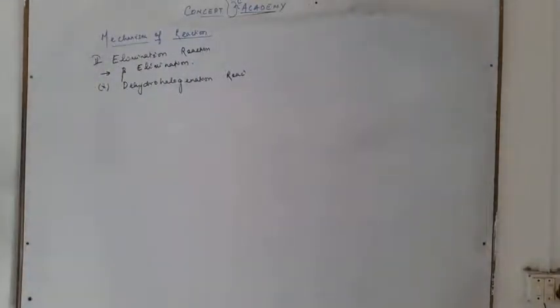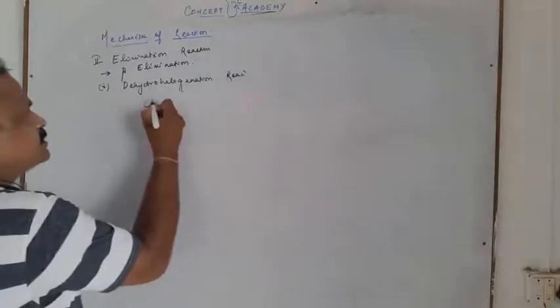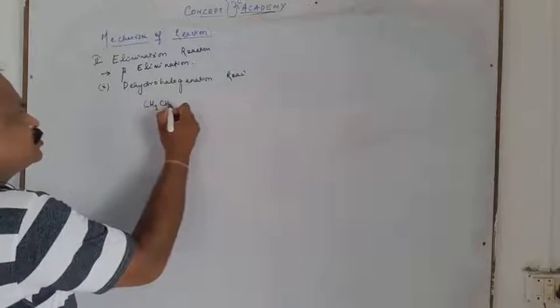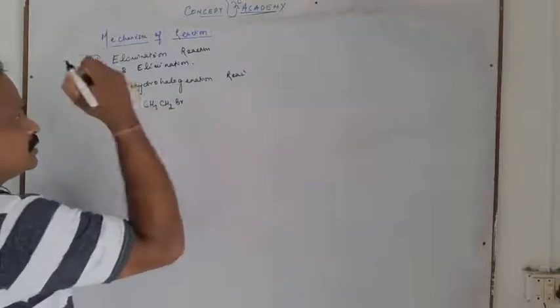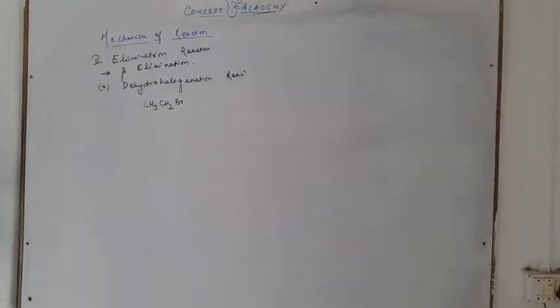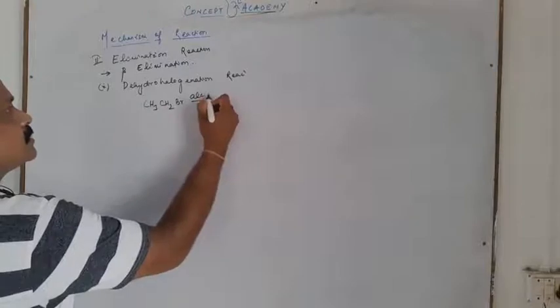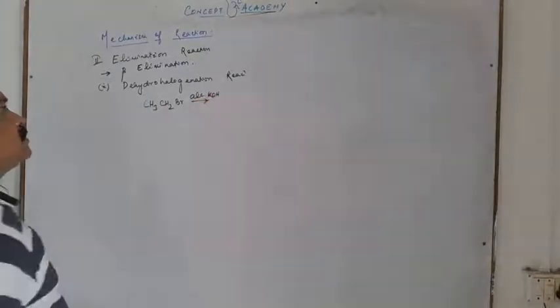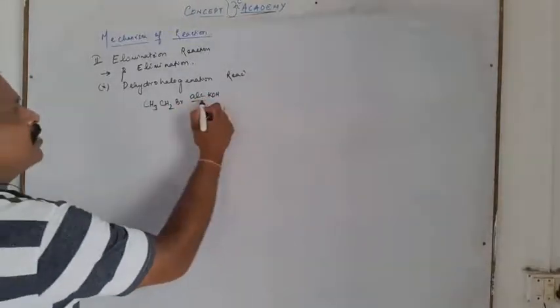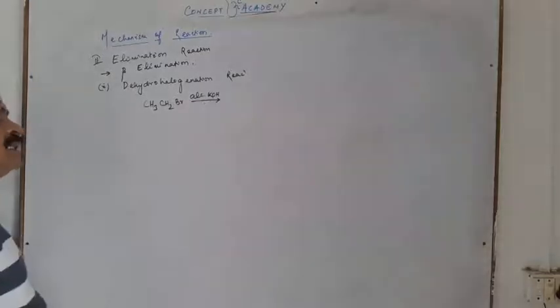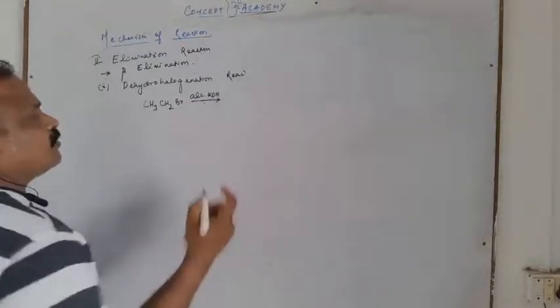In case of dehydrohalogenation reaction, let us take for example CH3CH2Br in the presence of alcoholic KOH. Now what happens actually?